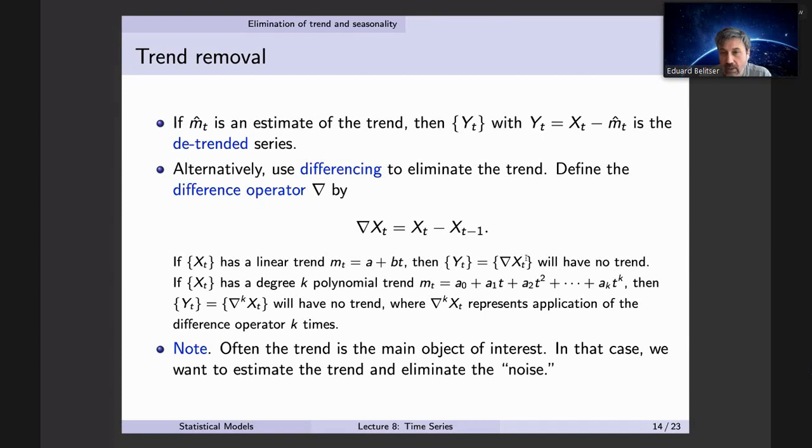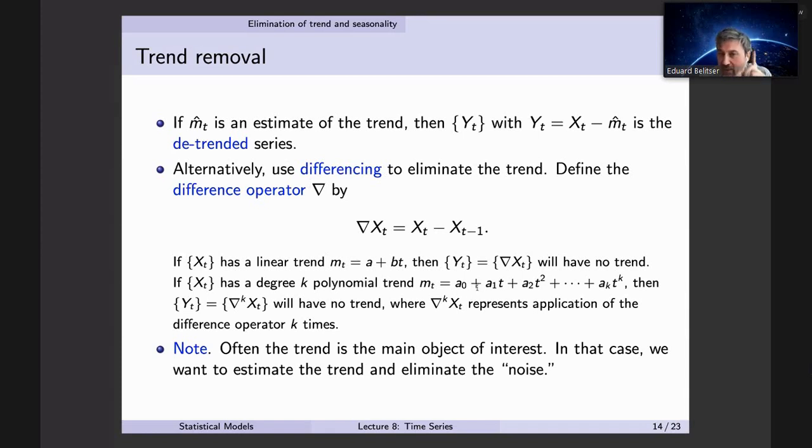It's homework, and it's also in the lecture notes. If you compute what happens with the resulting time series when you apply this operator, you will see that the linear trend is gone. It's not there anymore. And the nice thing is that if you take any polynomial and apply this operator k times, you will remove that trend as well.